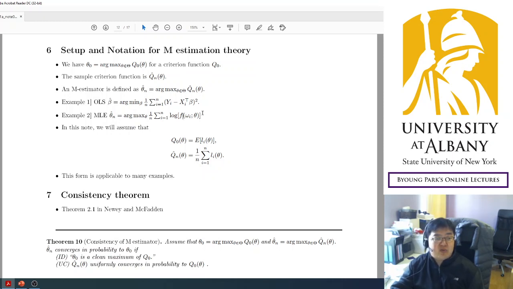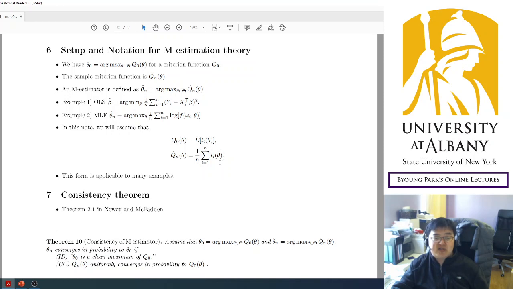And so as you can see, in many cases the criterion function takes the form of a sample average of something. So we are going to use this notation. I will use L_i. L, you can think of it as a log likelihood function.